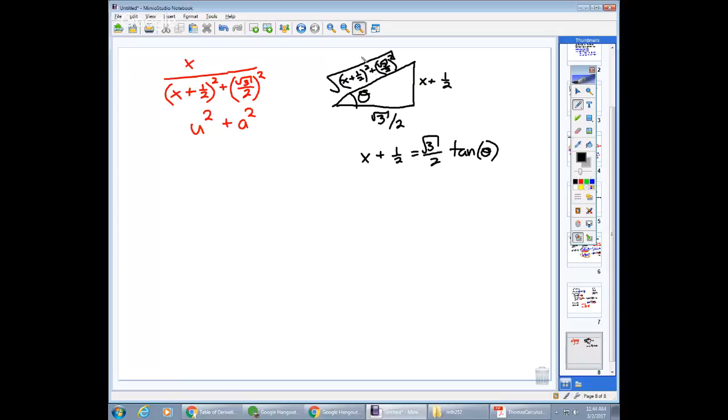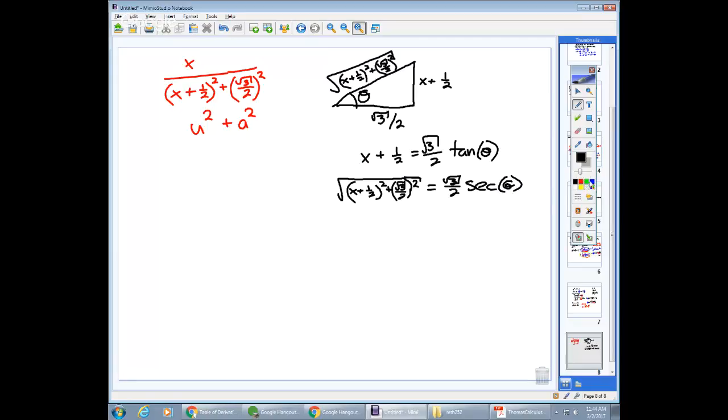And then this side over here is going to be, the secant would be the hypotenuse over adjacent. So we'll get the square root of 3 over 2 times the secant of theta.